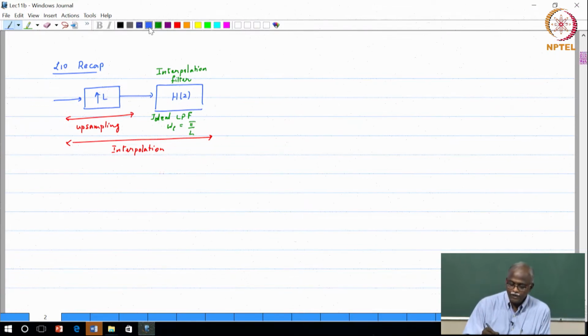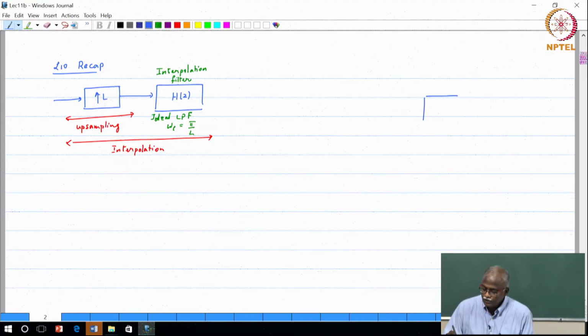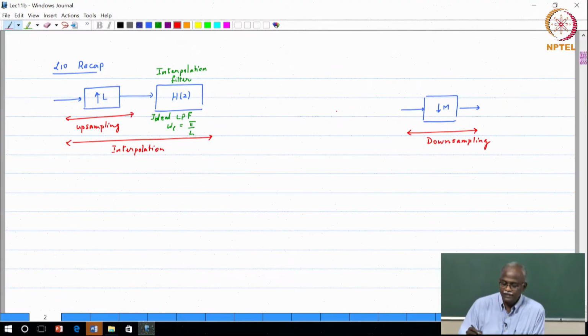Then the corresponding block that we have for downsampling, denoted by a down arrow and M, with your input and output. This is referred to as downsampling: reduction of the number of samples, throwing away M-1 samples. As you recall, we also said that this will require a filter if you want to guarantee that it does not have aliasing.